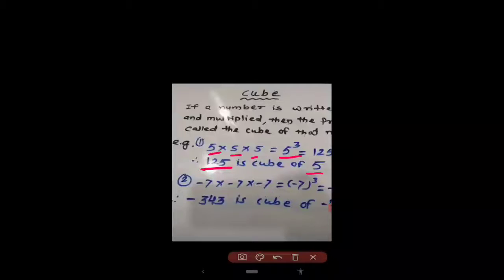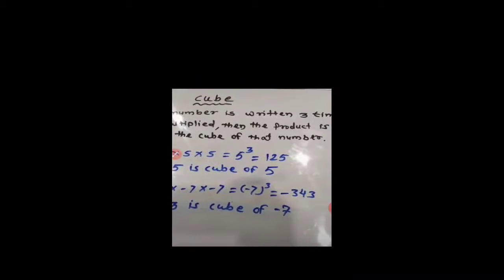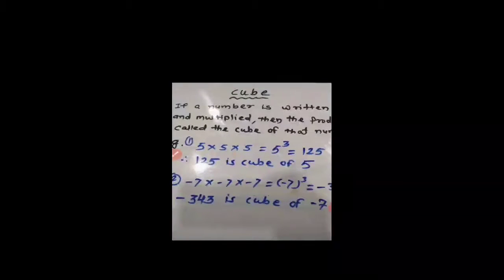Similarly, we take the second example, minus 7 into minus 7 into minus 7. Minus 7 is taken 3 times in multiplication, means minus 7 to the power 3, and the value of this is minus 343. Hence minus 343 is the cube of minus 7.